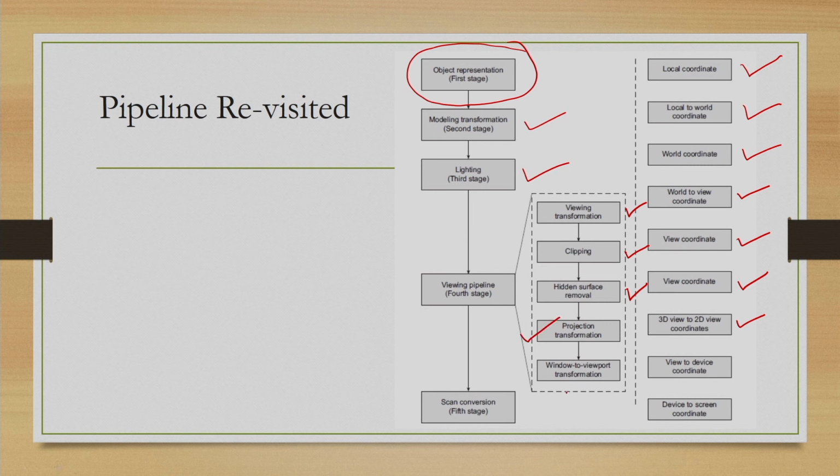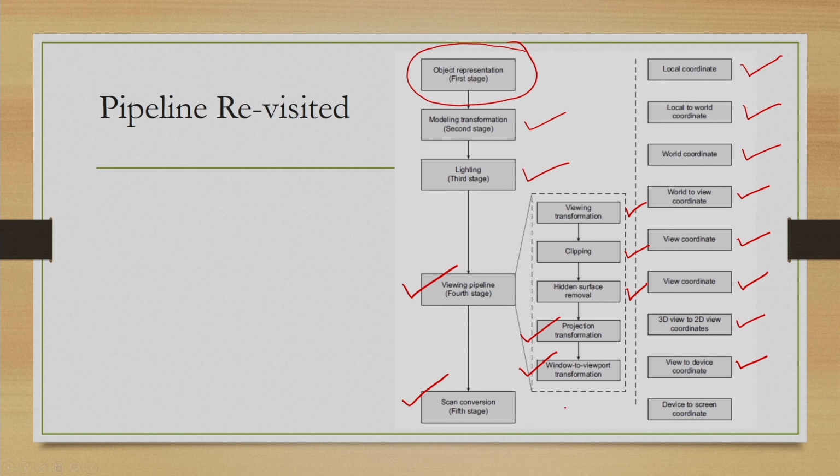And finally, we perform yet another transformation, that is window to viewport transformation, where we transfer the content from 2D view coordinate system to device coordinate system. All these transformations and operations together constitute the fourth stage, which is called the viewing pipeline stage. And then there is a final stage called scan conversion or rendering, which is the fifth stage.